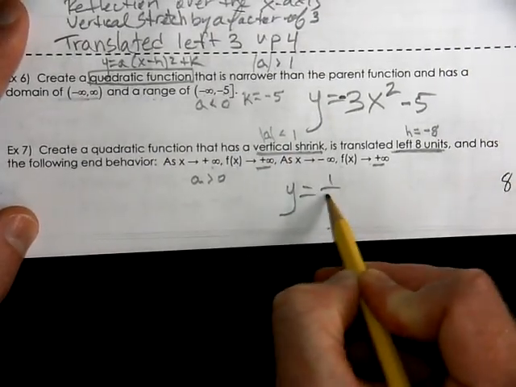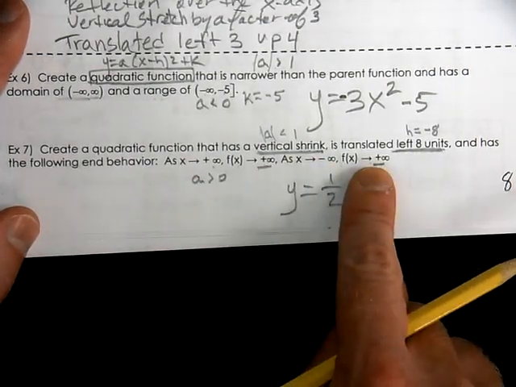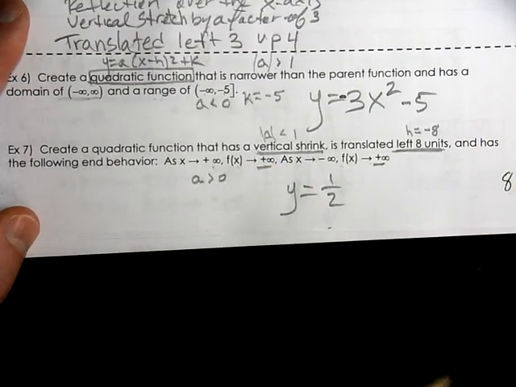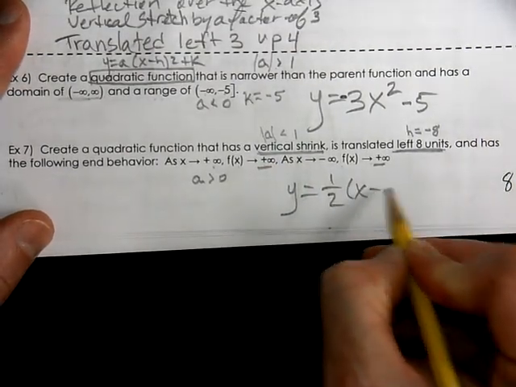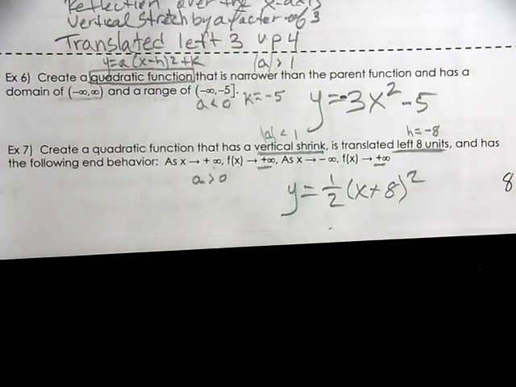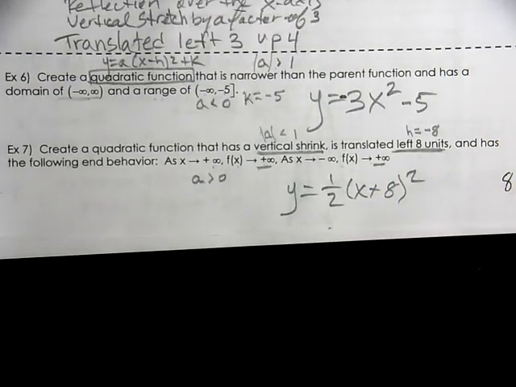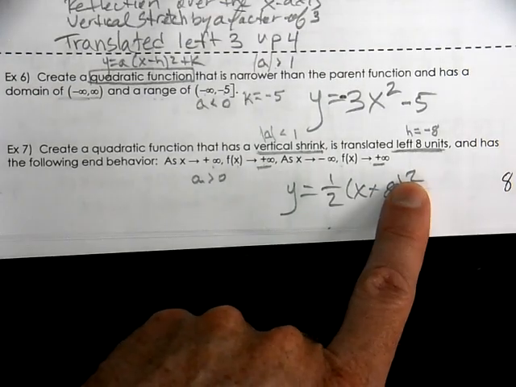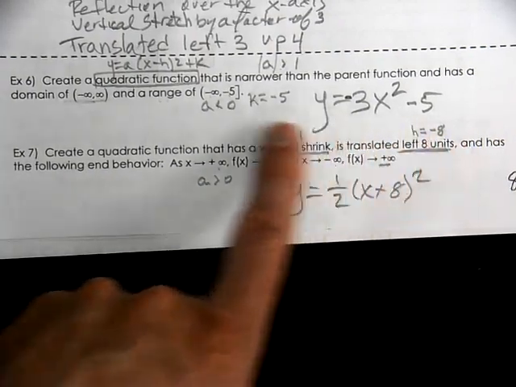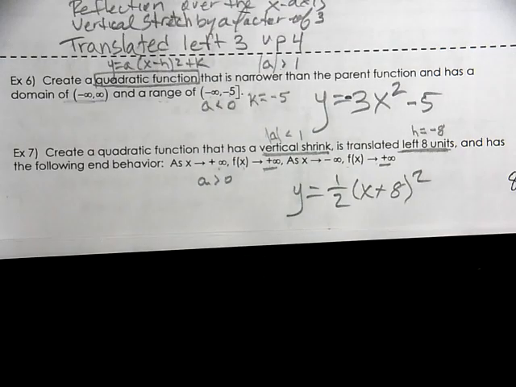So we can pick a number between negative 1 and 1 that is positive, because that gives us up in a positive direction. The graph goes 8 to the left, so we have to use minus a negative 8. So it's going to look like plus 8, quantity squared. There is no k value because it did not talk about a maximum or minimum value. And there we have it.